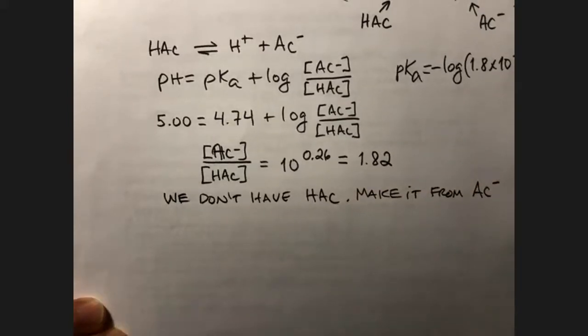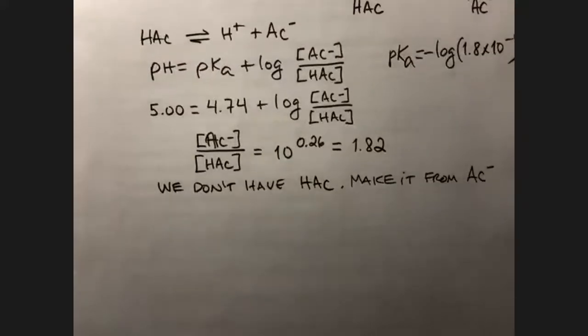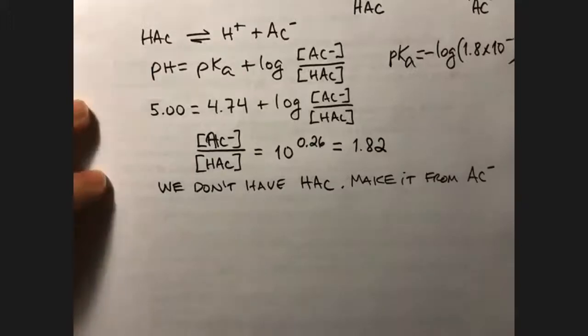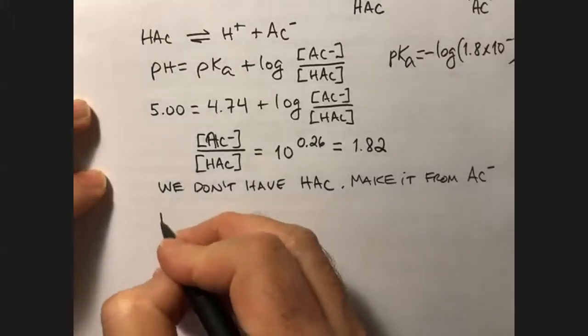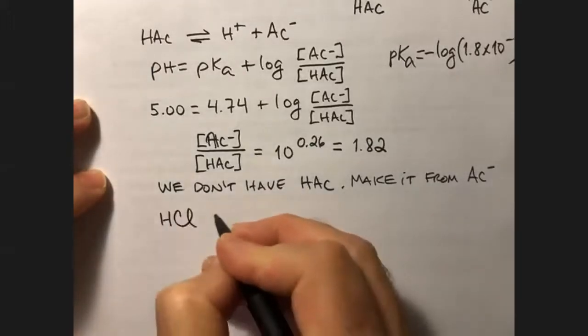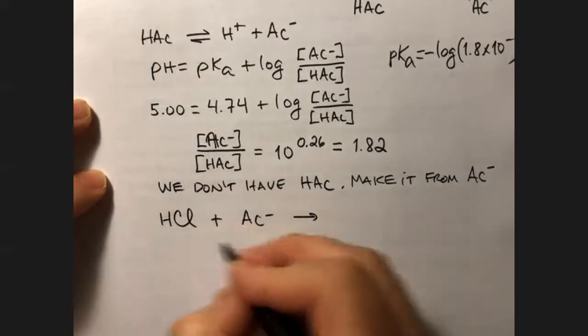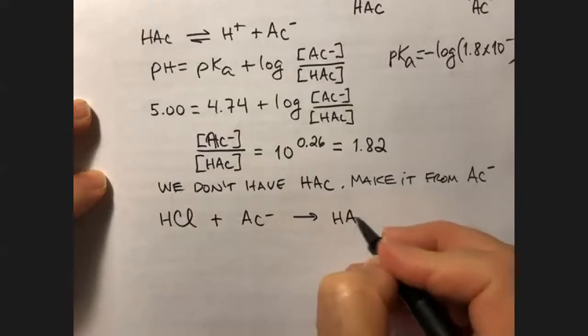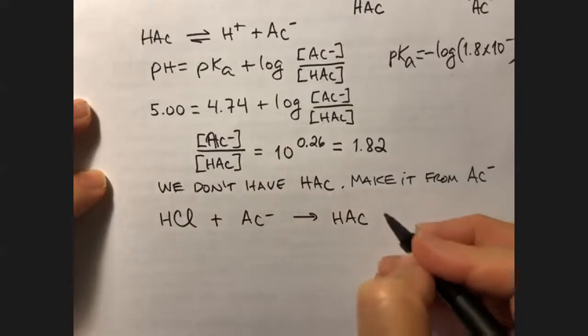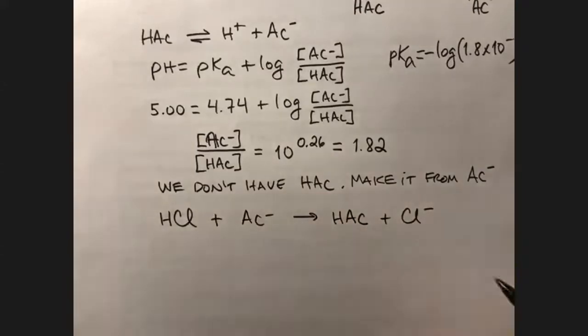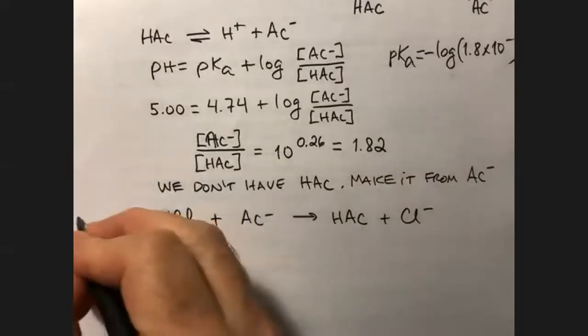Now, the sodium acetate we have is actually a solid. What we really have is a solution of HCl. So what we need to do is take that HCl and add some acetate to have a reaction where you end up with acetic acid and, of course, chloride ions. So that is our strategy.